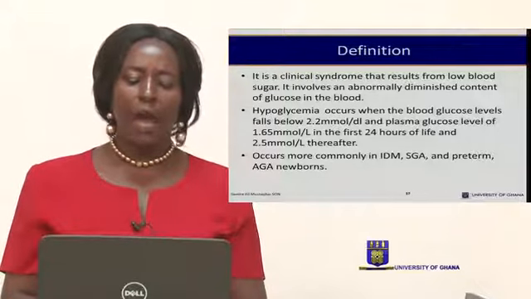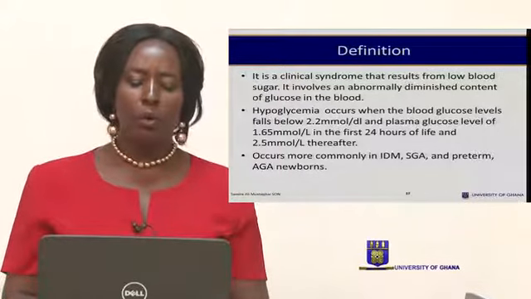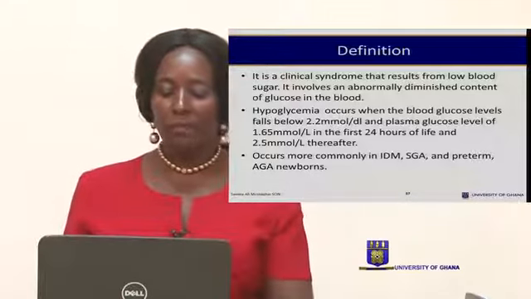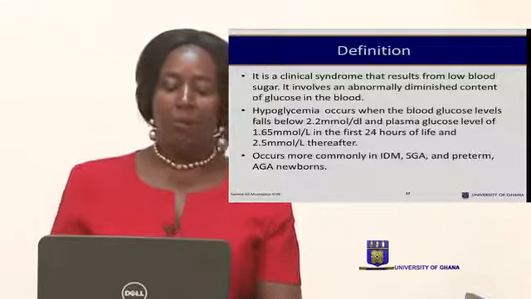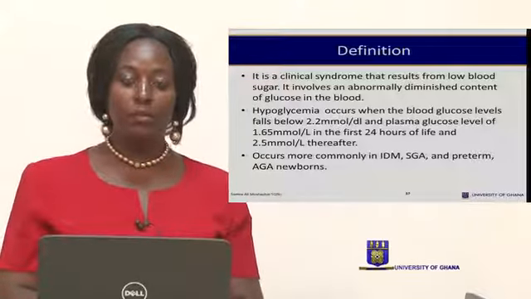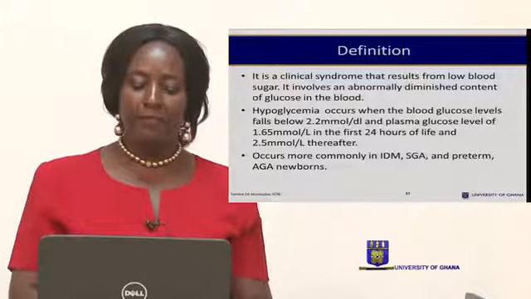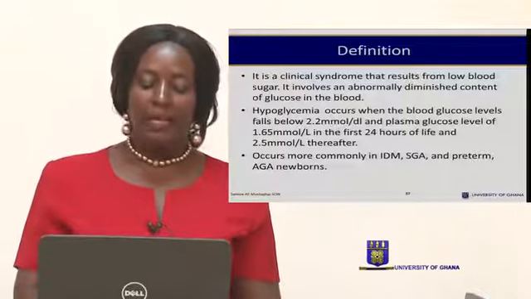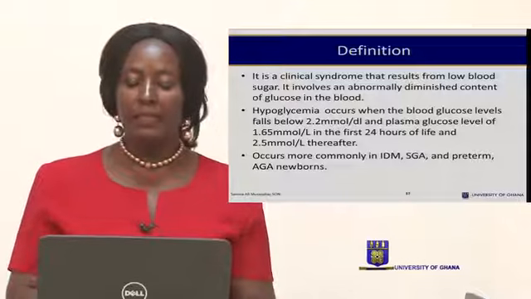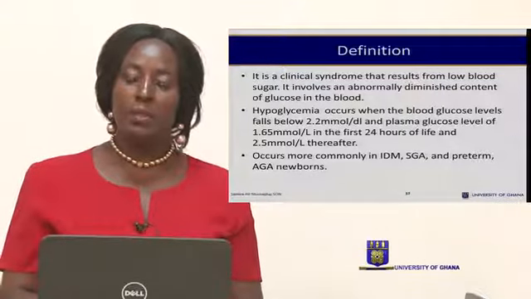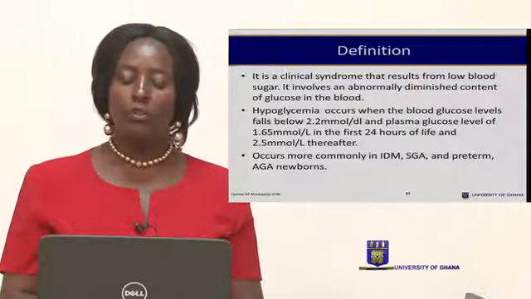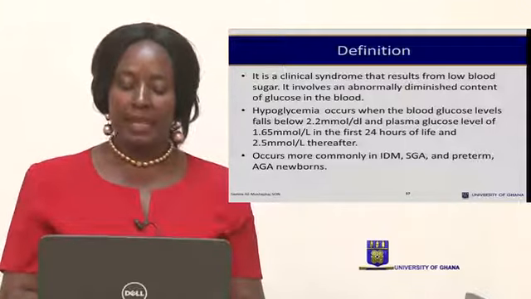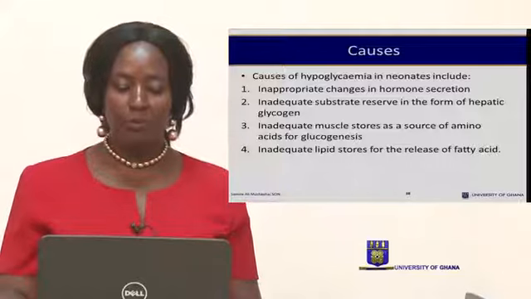So it can go as low as 2.2 or 1.65 in the first 24 hours of life, and thereafter, when it is in the first hour 2.2, but thereafter 2.5 is diagnostic. And this occurs more commonly in babies born to diabetic mothers or newborns who are small for gestational age, preterm, or large for gestational age newborns.